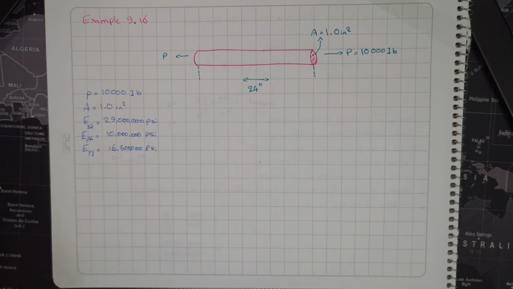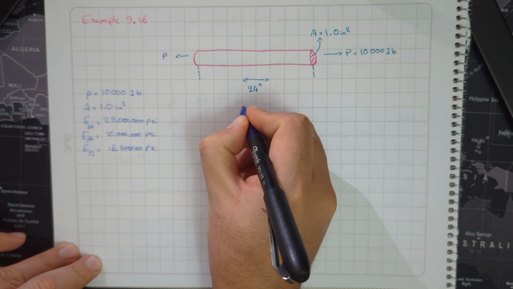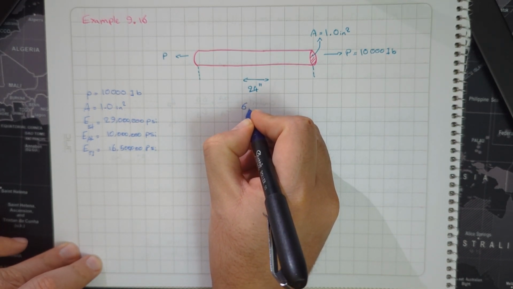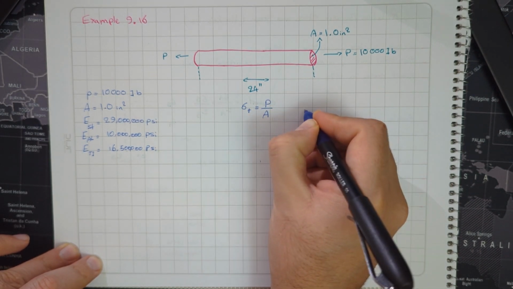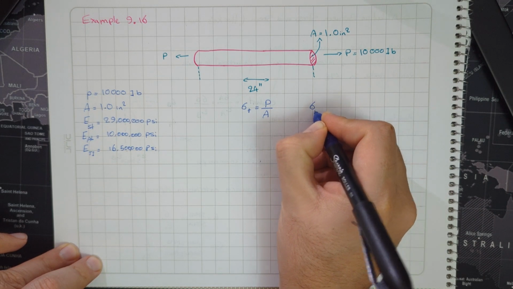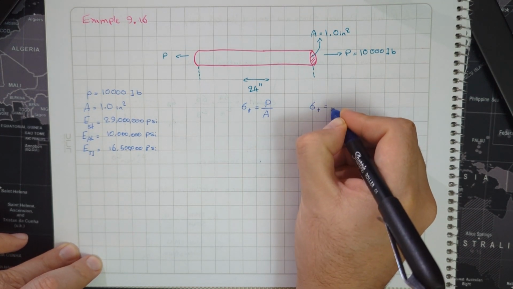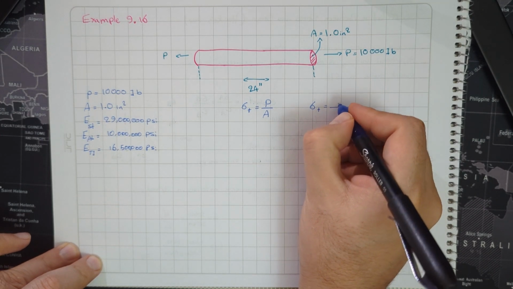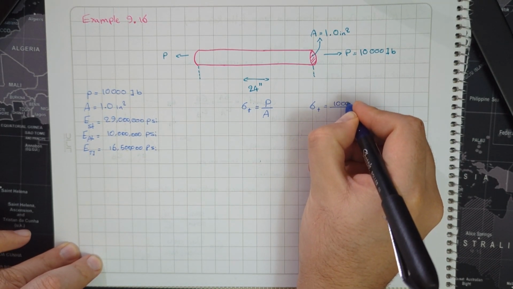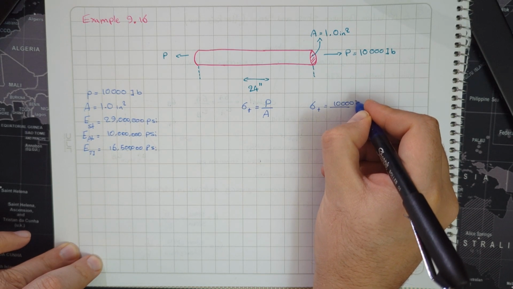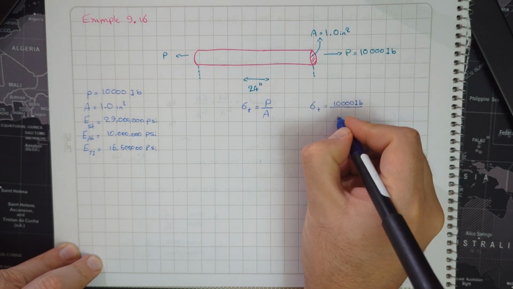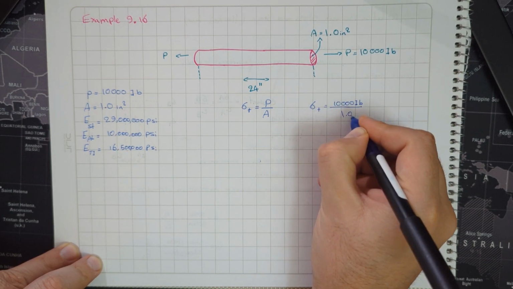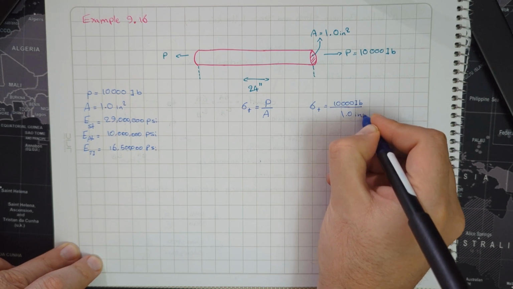All right, so first of all, we want to see what's the stress on each material. So we're going to say sigma total equals P over A. So sigma total equals P, which is 10,000, over A, which is 1.0 squared.